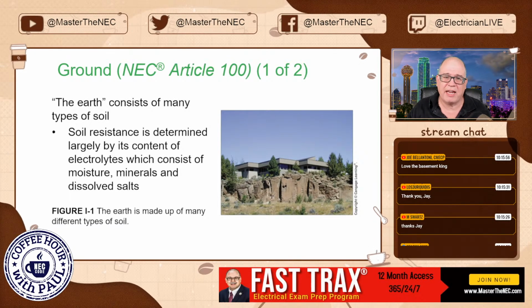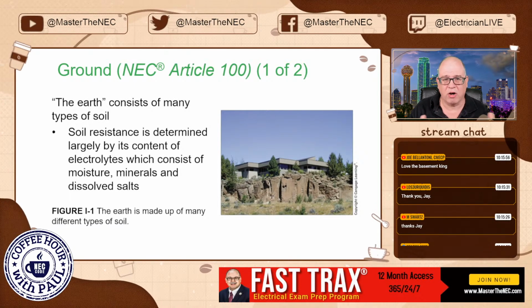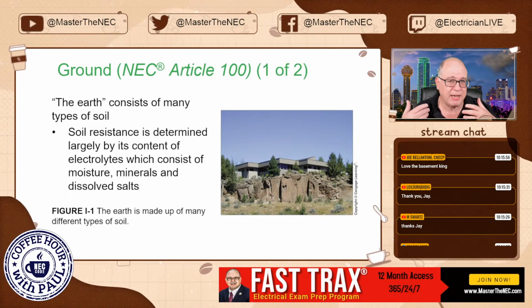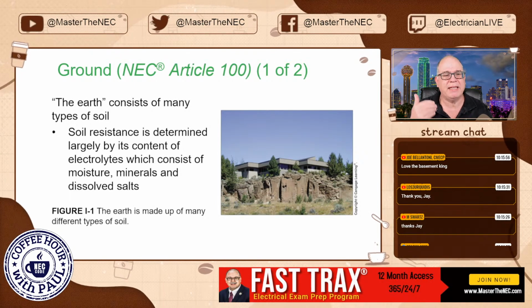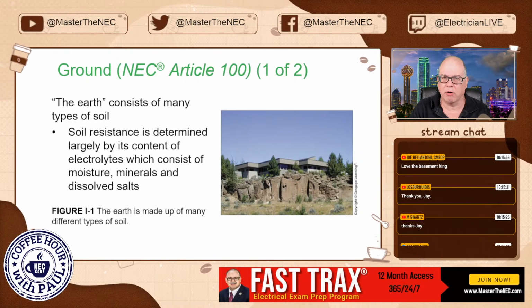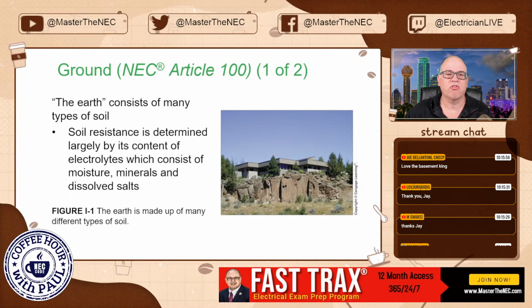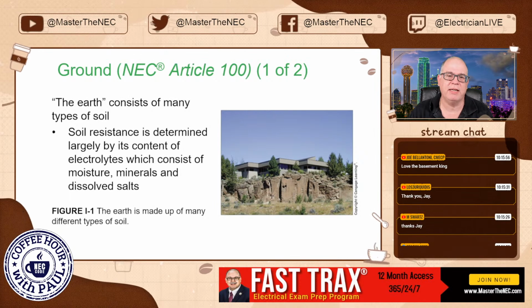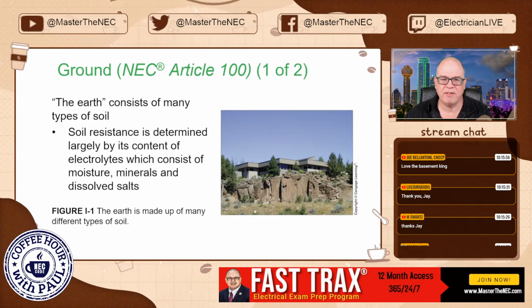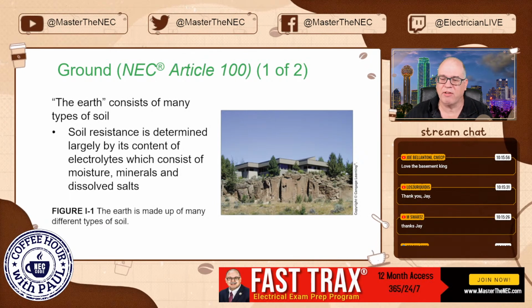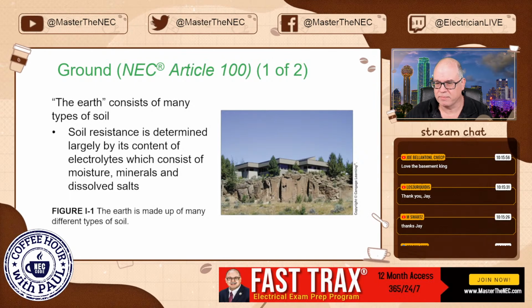All of that's going to change the resistance of the earth, okay? And we put electrodes in the earth to make that connection to the earth. So soil resistance is determined largely by the content of electrolytes that are in that soil, right?